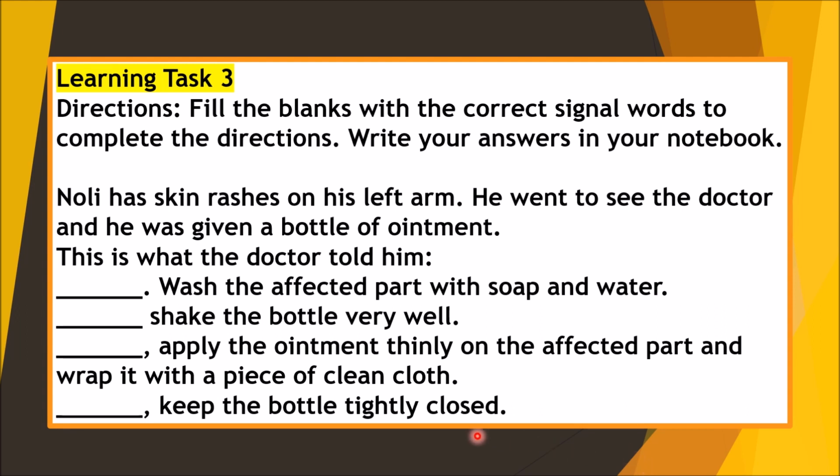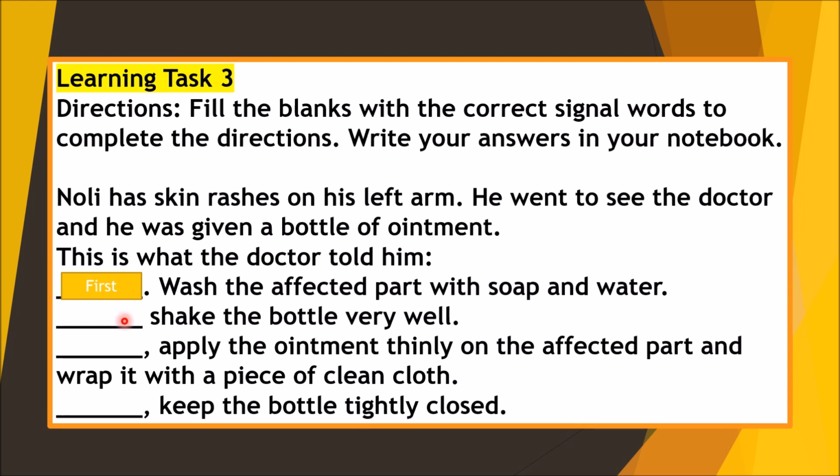Okay, let us answer now. What will be the correct answer in the first paragraph, in the first sentence? Okay, it should be first. If your answer is first, you're right.